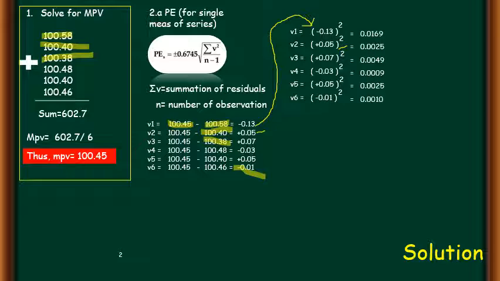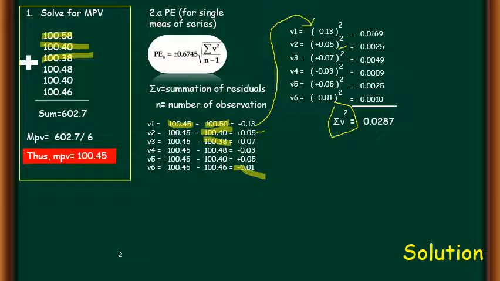So, you check on your calculator if my solution is correct. So, we have here 0.0169. So, you just take the sum of all of these values, because we're going to compute the summation of the residual square. So, sum of that is now 0.0287. So, that will be your summation of the residual square.